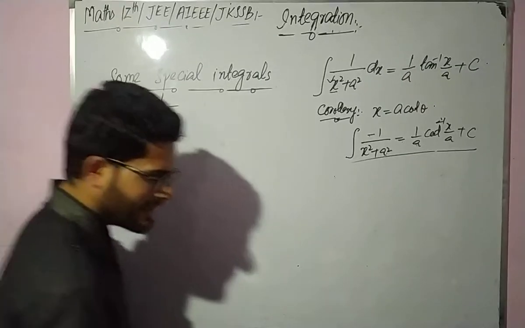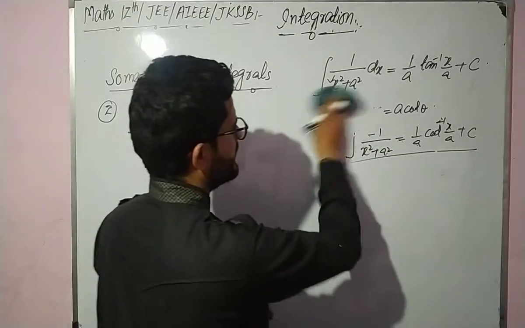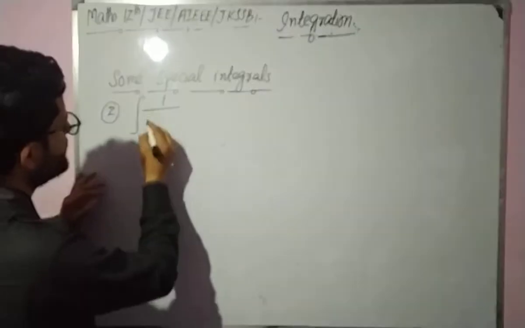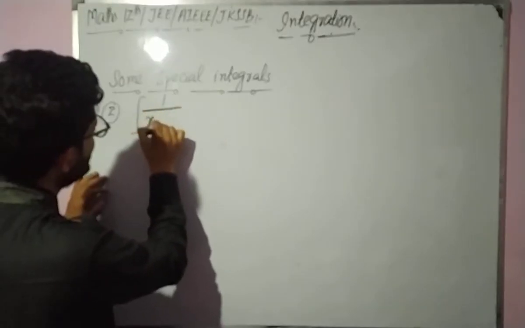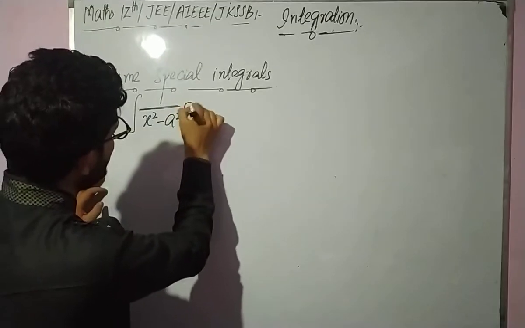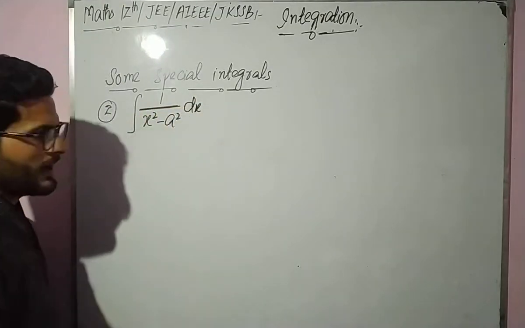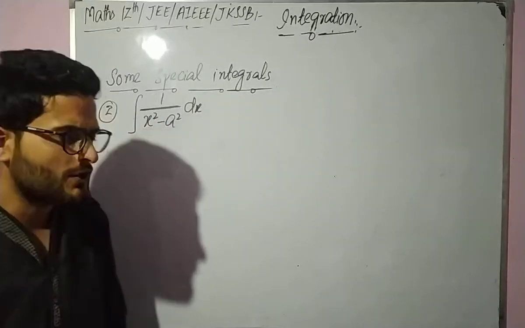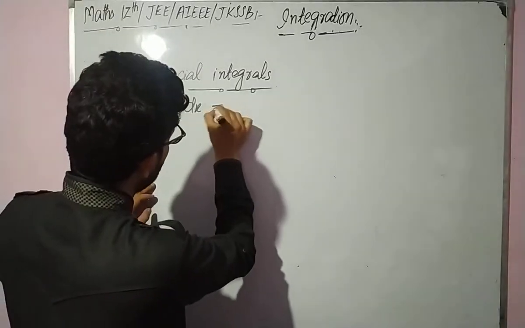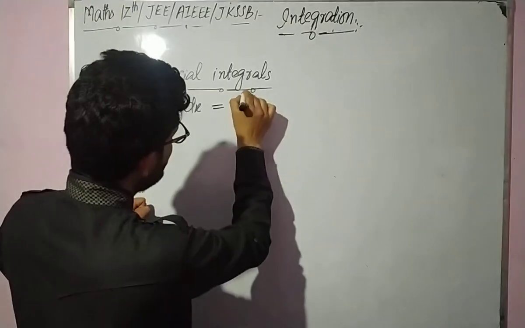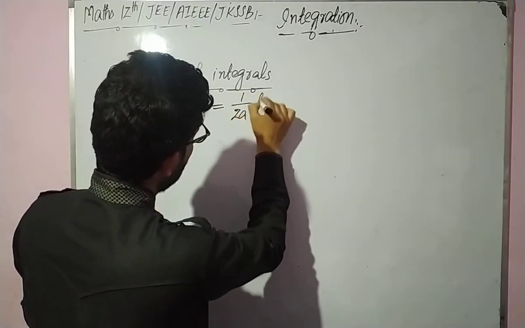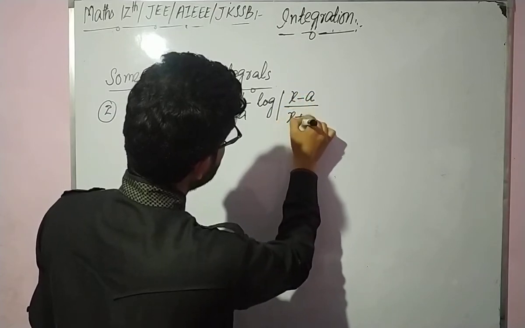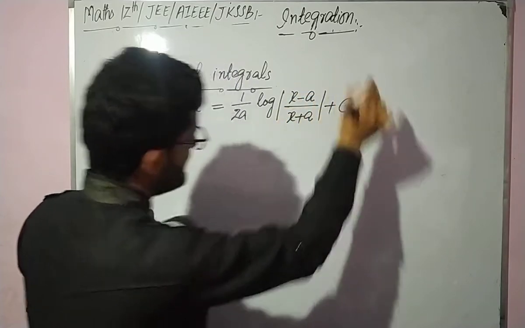Now lies the second standard integral, the second special integral that we are going to prove here, and that is we have to prove that integration of 1 divided by x square minus a square into dx is equal to 1 divided by 2a log of mod of x minus a divided by x plus a plus c.